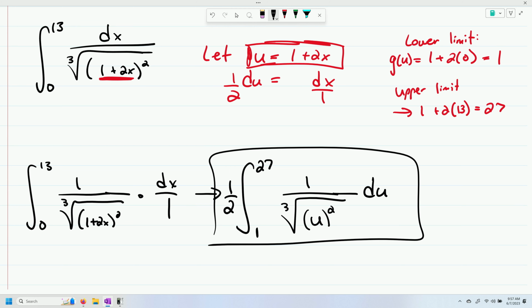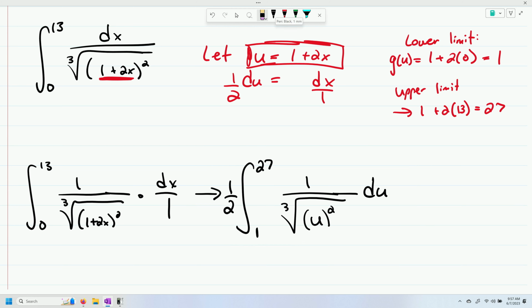So I'm going to go ahead and use 27 for my upper limit. So now what's nice about this is once I integrate this function right here, I don't have to go back into x. And that's the reason I changed my limits of integration to be defined by the variable u now.